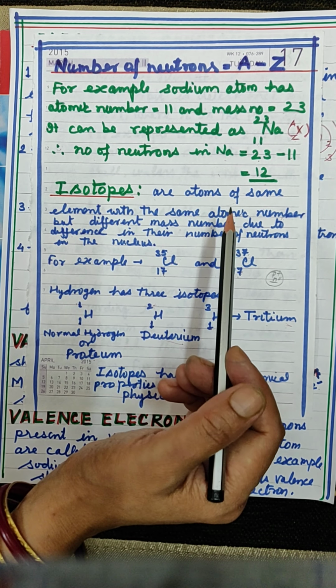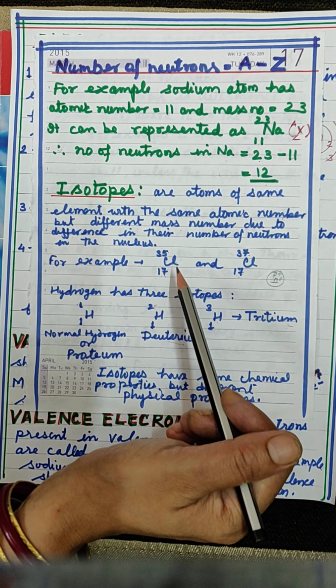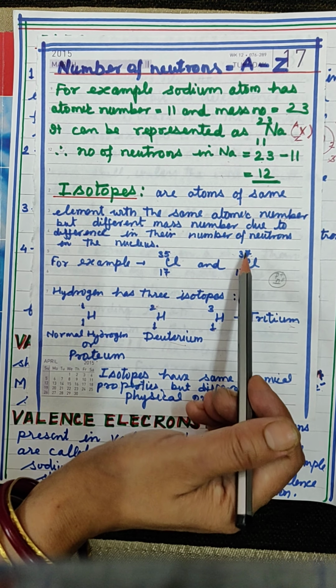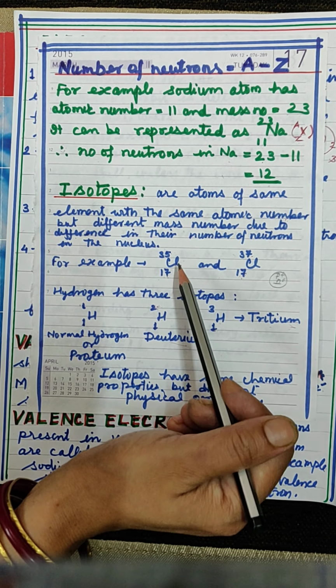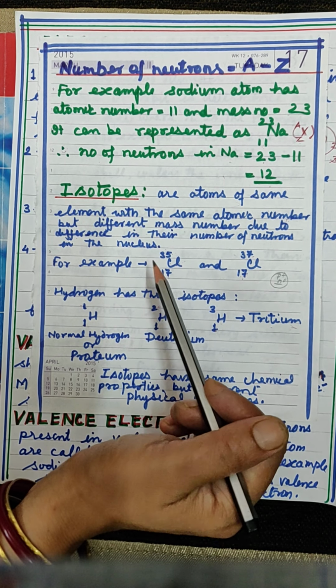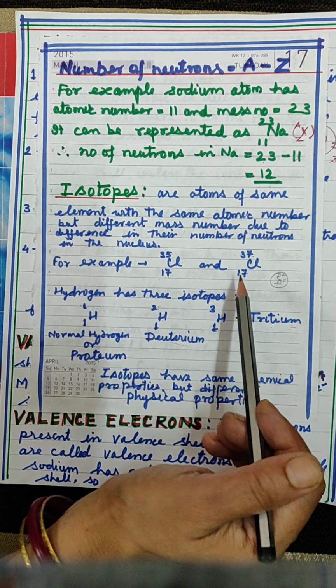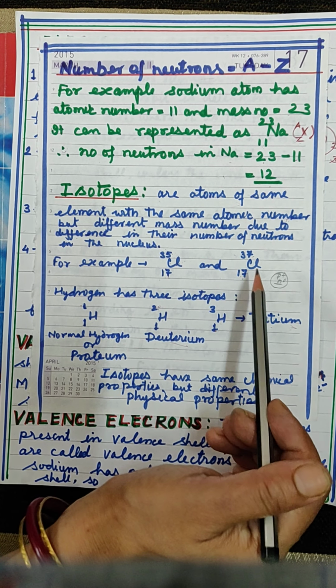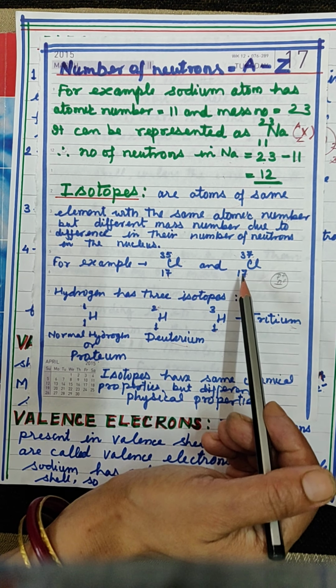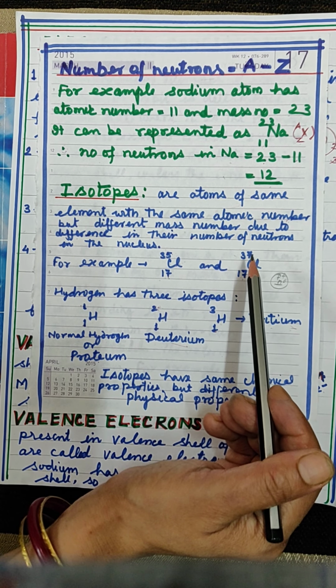For example, have a look at chlorine, 17Cl35 and 17Cl37. One type of chlorine atom has 17 protons and 18 neutrons in its nucleus, whereas another has 17 protons and 20 neutrons in the nucleus. Therefore, its mass number is 17 plus 20, that is 37.